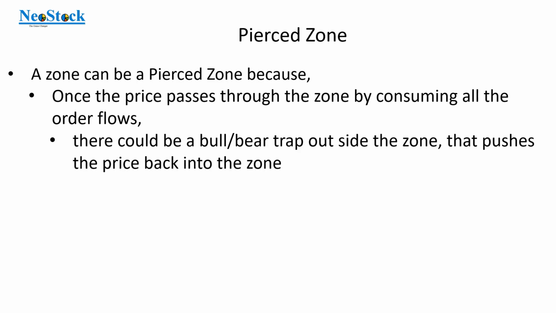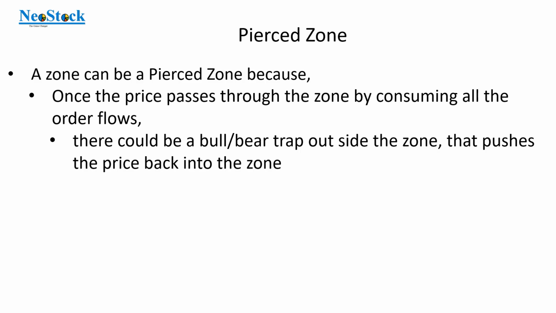First reason: there could be a bull or bear trap outside the zone that pushes the price back into the zone. You already learned bull trap and bear trap in lesson 21. In lesson 21, you have around 8 or 9 videos, and in one of those videos you learned about bull and bear traps. You learned a bull trap will be above the supply zone, a bear trap will be below the demand zone.